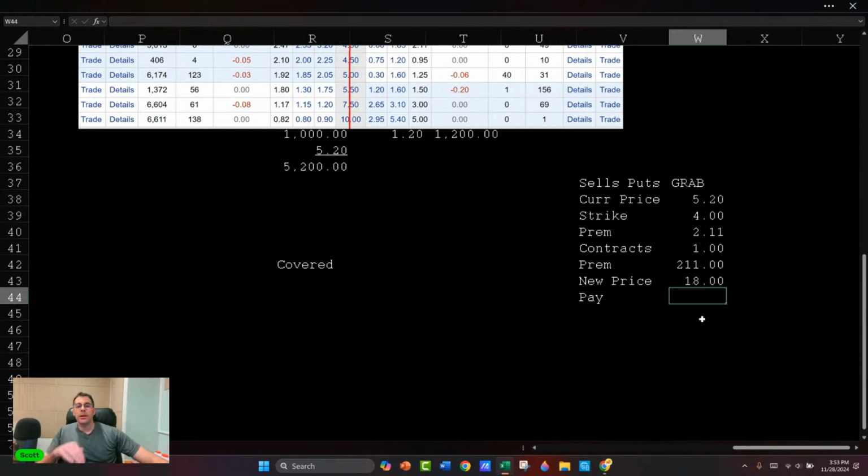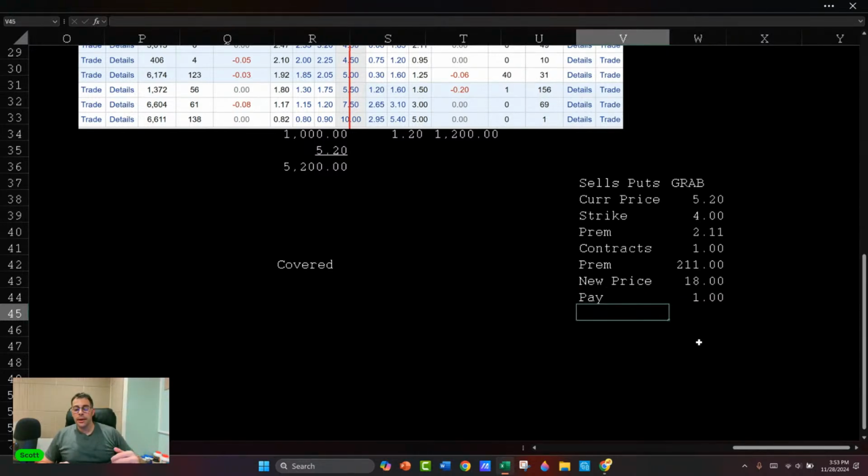If it falls below the $4 strike price, I guess there's not much room. So even if it goes to the worst case scenario, say it goes to $1, it could go to 0, but I guess that's the worst case scenario. You have to pay $4, even if it goes down to $1.